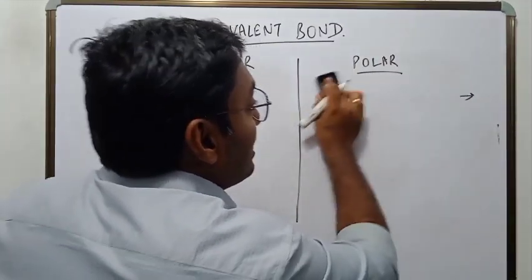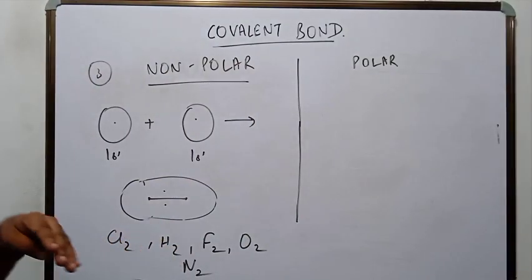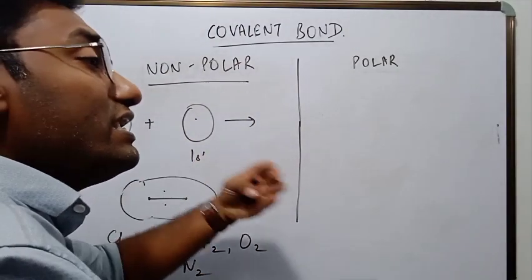That is to say, the electron cloud shifts towards the region of the more electronegative atom.